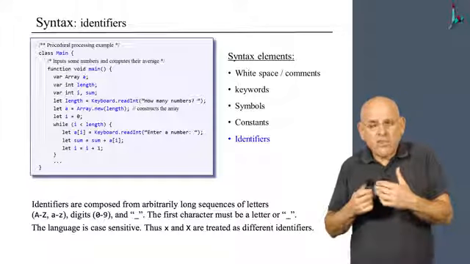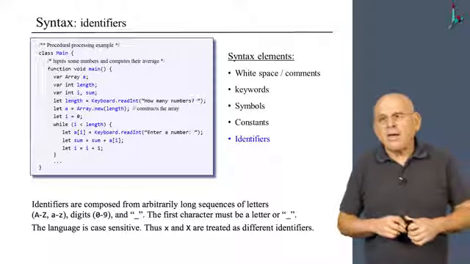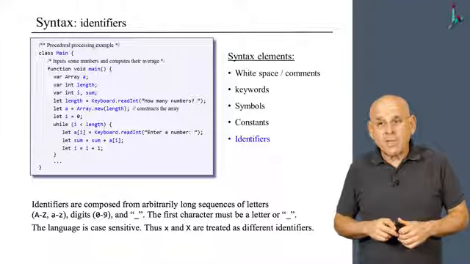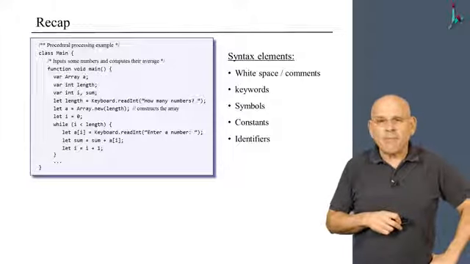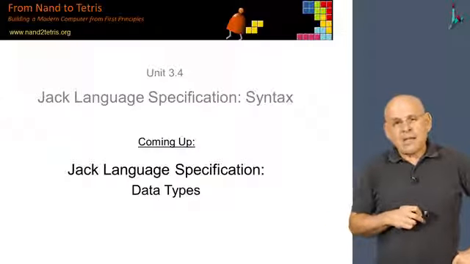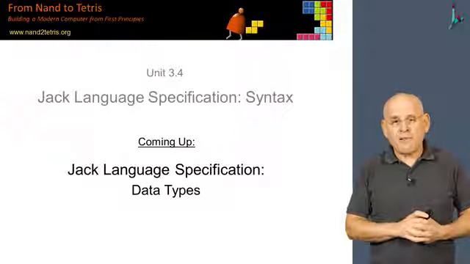That's why it's also so important to come up with good identifiers, because it will make your code much more readable. So to recap, we saw all these syntax elements of the language, and in the next unit we are going to discuss the data types which are available in Jack.